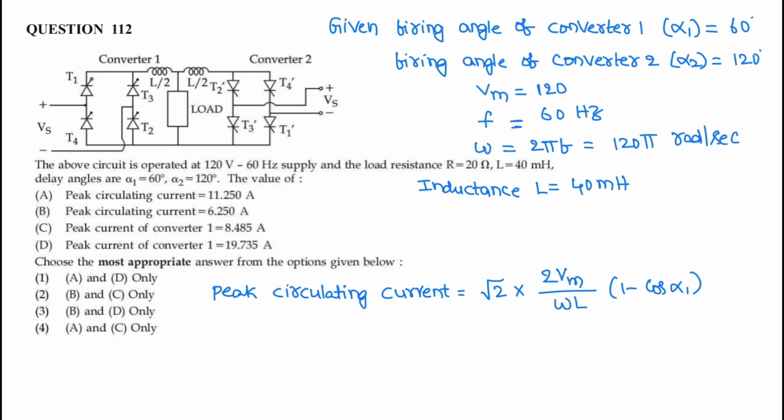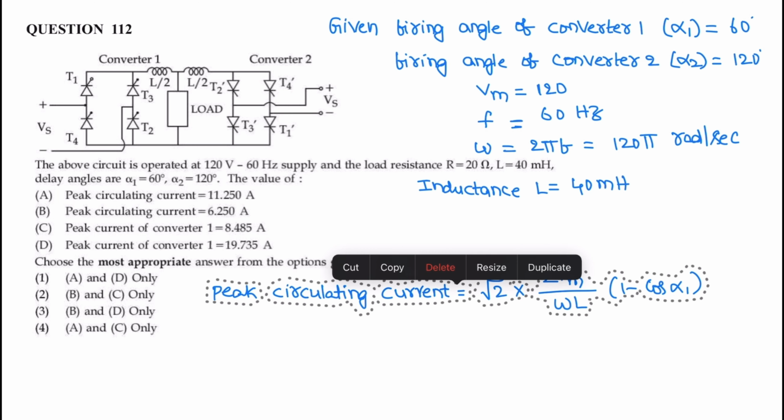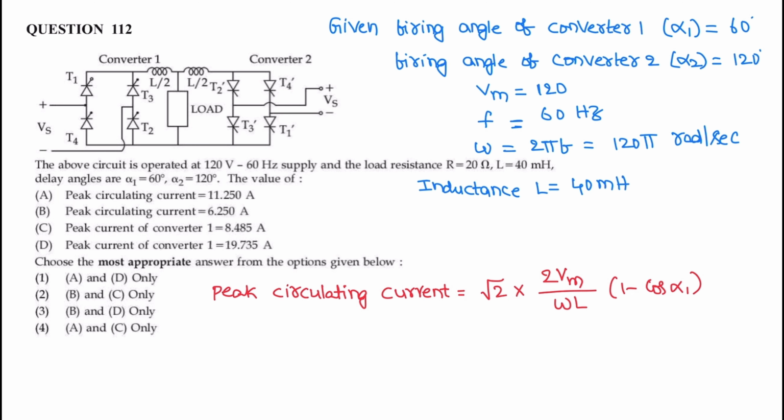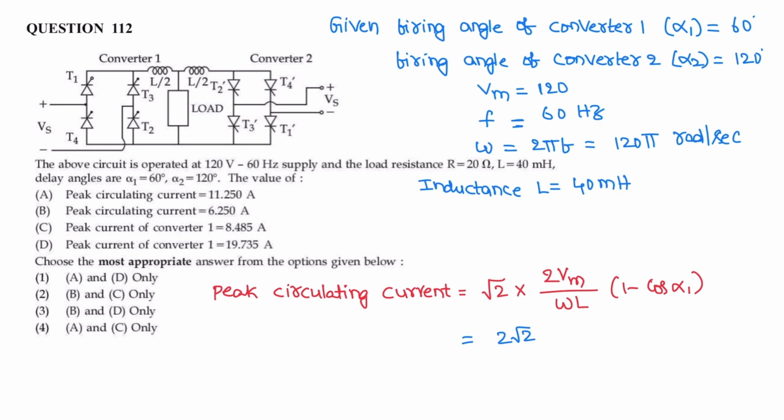The formula for peak circulating current is 2 root 2 Vm by omega L, times 1 minus cos alpha 1. Substitute the values here. Vm is 120, omega L is 120 pi into 40 into 10 power minus 3, 1 minus cos 60.